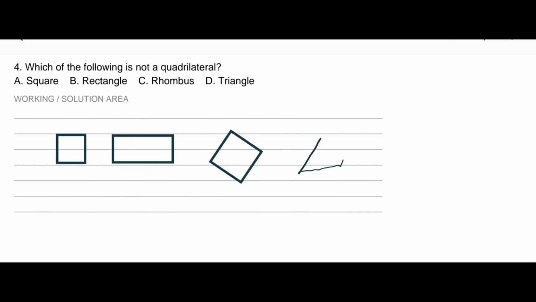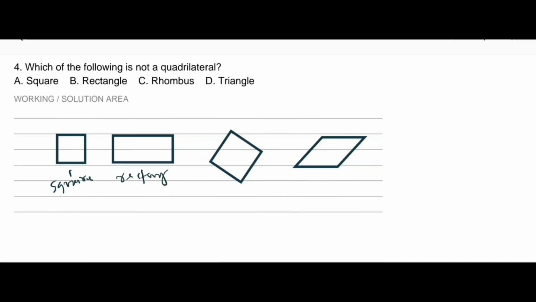The first one is square. So a square looks like this. A rectangle looks like this. A rhombus, this is how a rhombus looks. So this is a square. This is a rectangle.